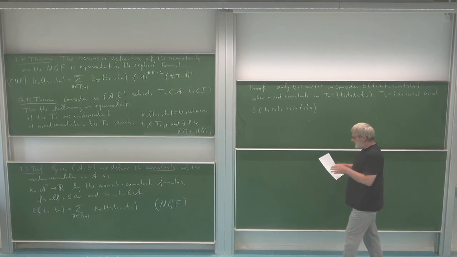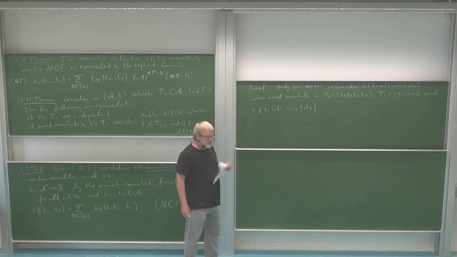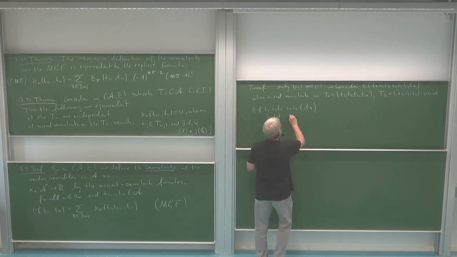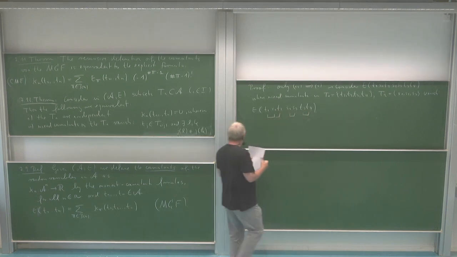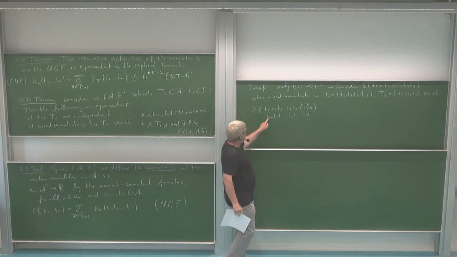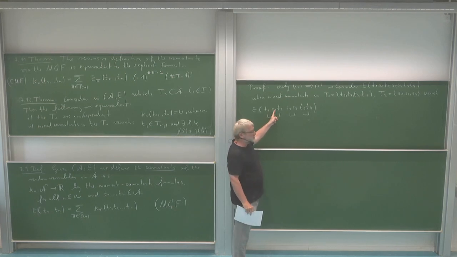If I have a block of pi which connects a t with an s, for example in a partition like this, which shows up in this sum, this block contains both t and s, and by my assumption this is equal to 0.